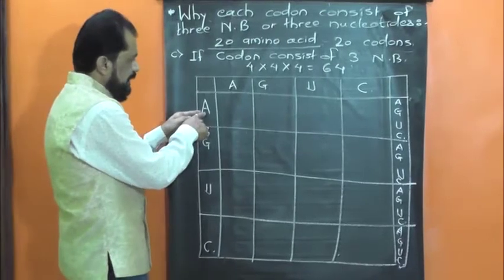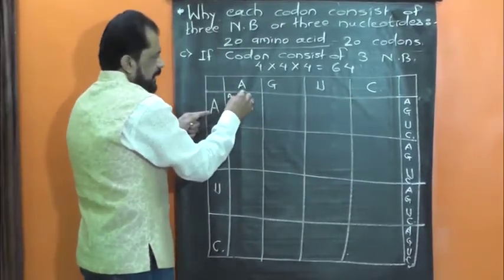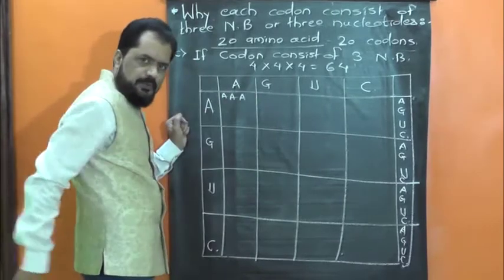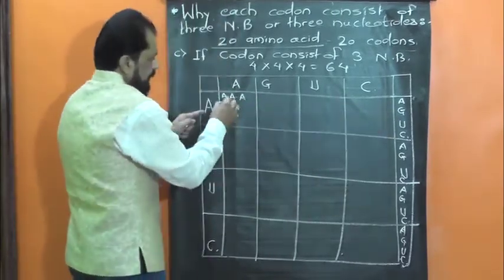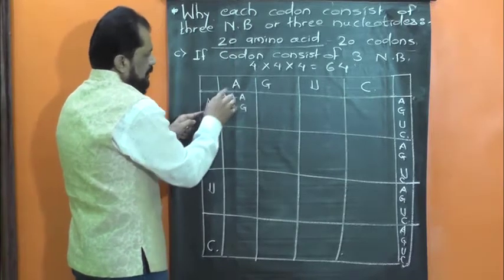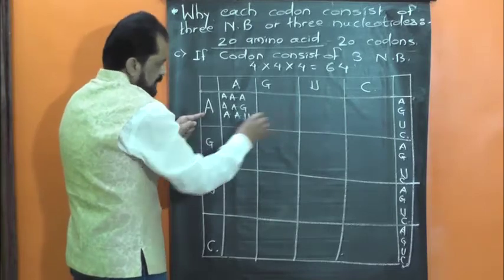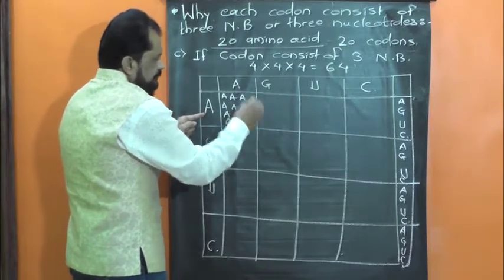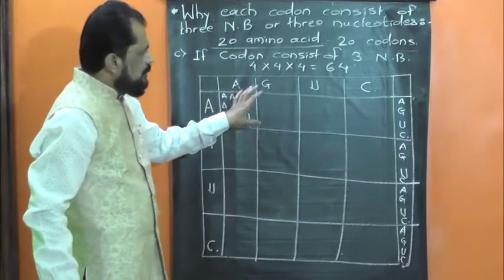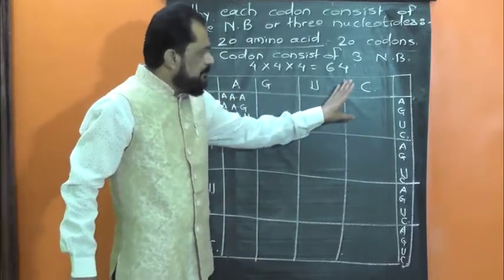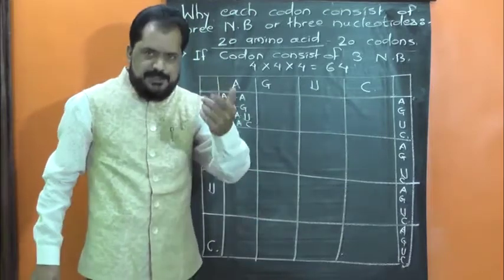First, A. Let me write here. A. First possible codon. Second, G. Third, AAU. Next, AAC. 4 codons. In the same manner, 4 plus 4 plus 4 plus 4, 16, and 16 4s are 64.